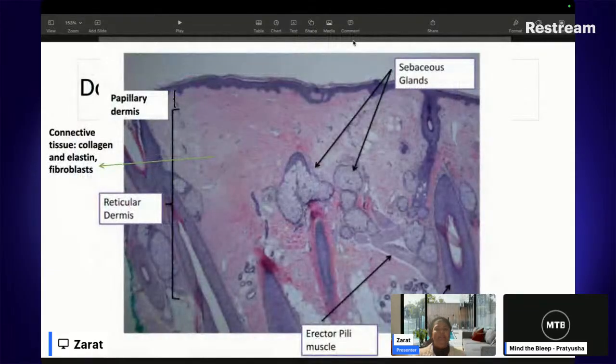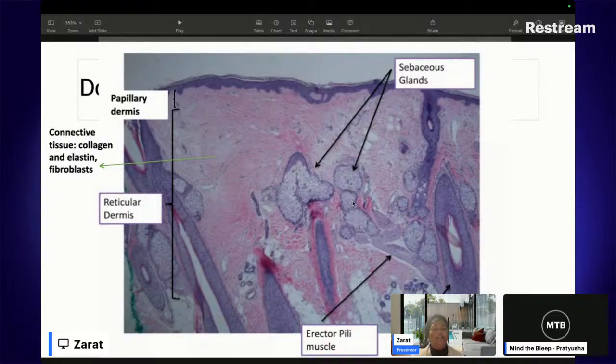Now, when we come into the dermis, this is mainly your connective tissue layer. The top bit of the dermis is the papillary dermis, and then we have the reticular dermis. And this is where you find the other accessory structures of the skin, which are very important for its functions. So you have the sebaceous glands, which produce sebum, like these large pale areas.